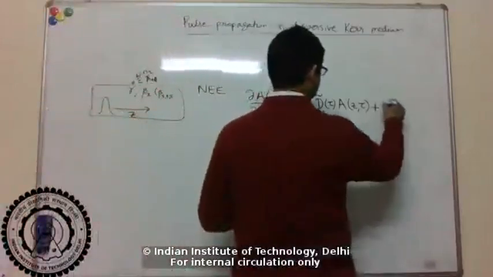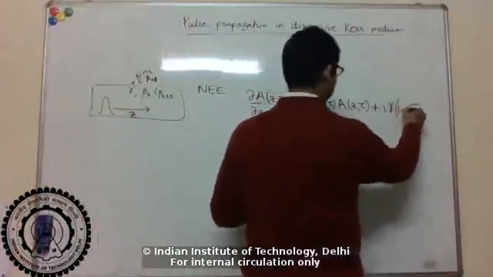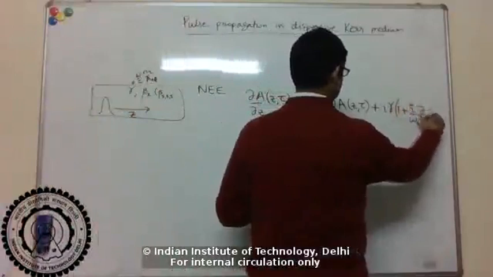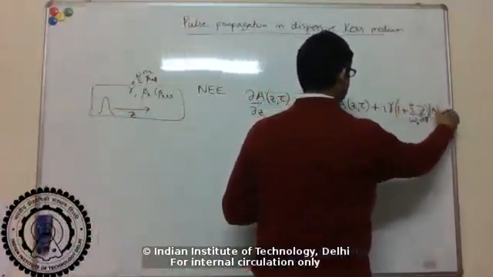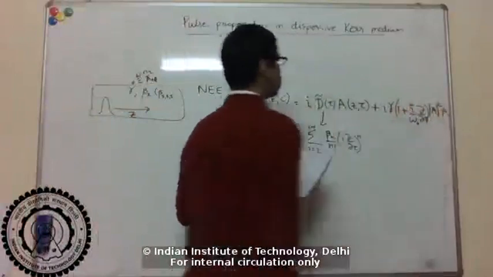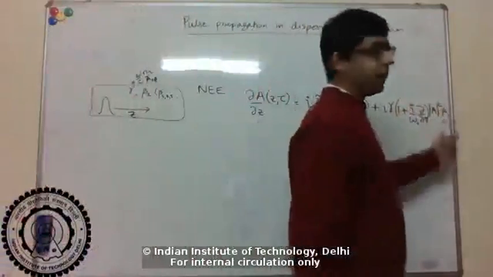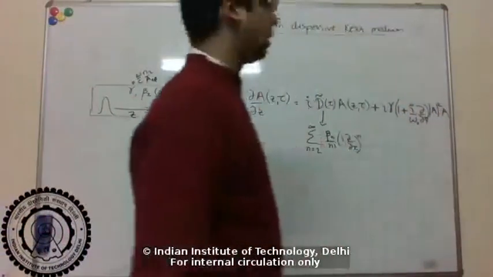And then the nonlinear term was of course proportional to the nonlinearity gamma, and it went as mod A squared A, which is basically self-phase modulation.